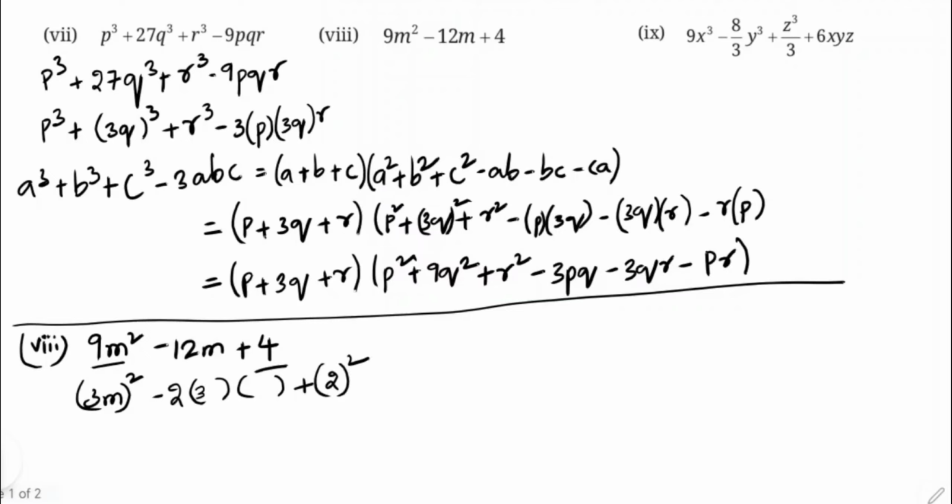So a will be 3m and b is 2. Okay, so here we can write a square minus 2ab plus b square, which is equal to a minus b whole square. So here a is 3m minus b is 2.